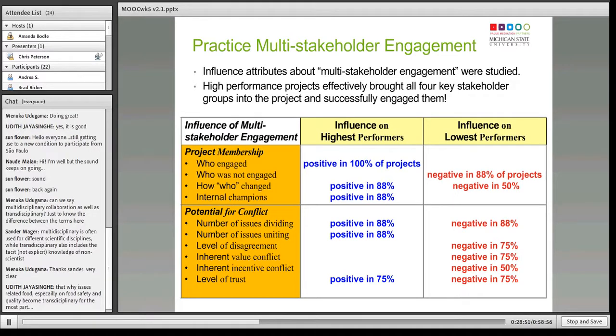But for the low performance projects, you can see that these issues of what divided the group, the level of disagreement, the level of trust, all became quite negative for the low performers.